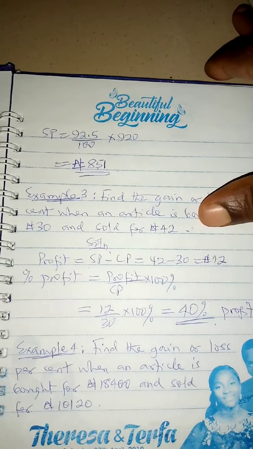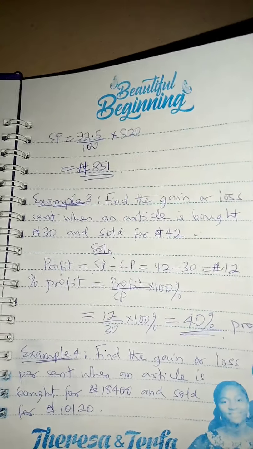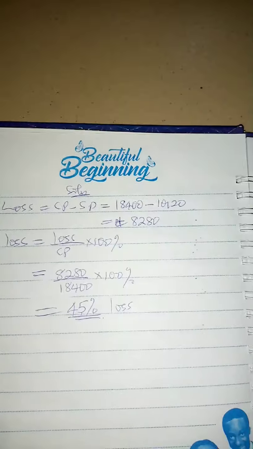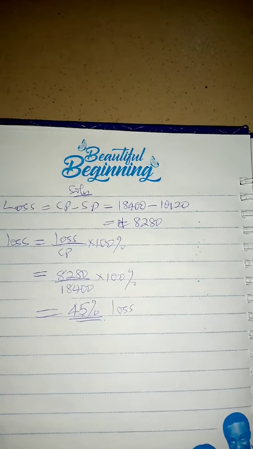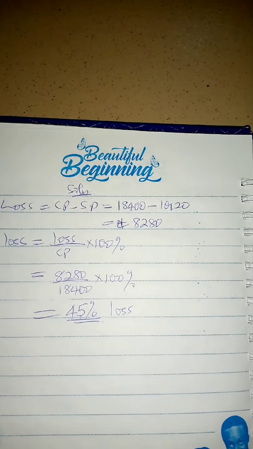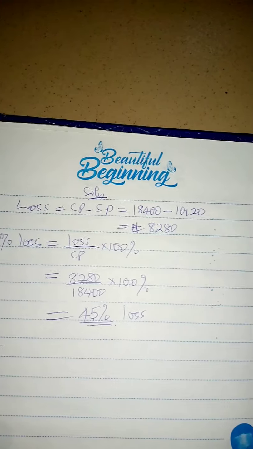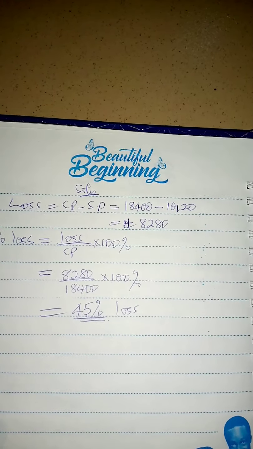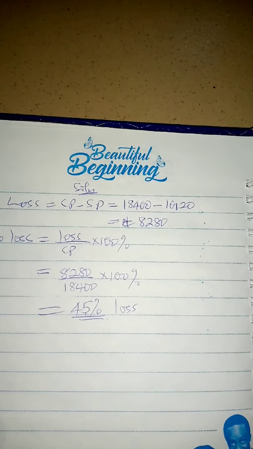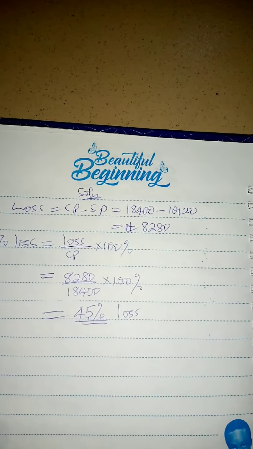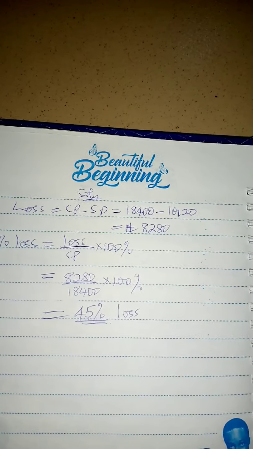Here, selling price is less than cost price, therefore there is a loss. And that loss will be computed by saying cost price minus selling price, which will give you 8,280 naira.